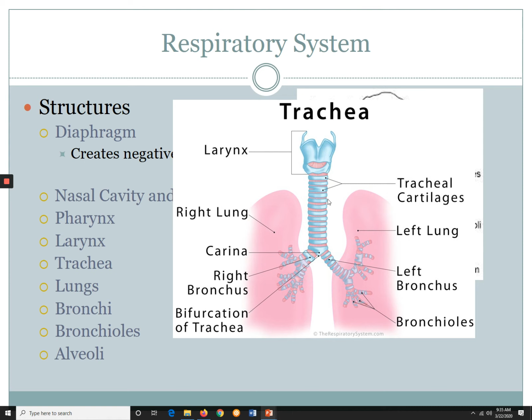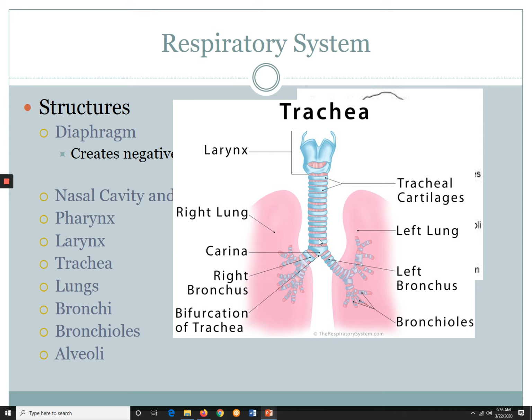Now, as we come down the trachea, which is also known as the windpipe, we branch off into what they call bronchi. Think of it similar to our blood flow: as we go from a larger diameter vessel to a thinner one, it increases pressure, which allows air to flow more quickly into our lungs.